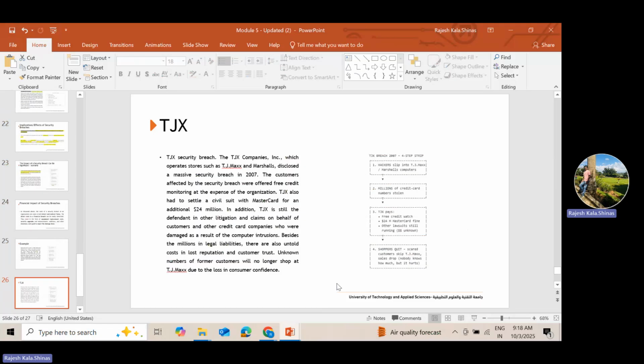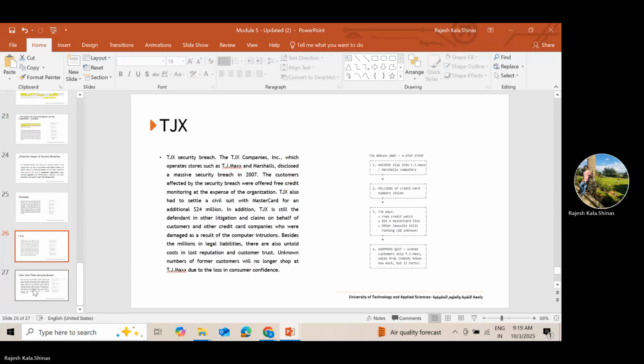Finally, the shoppers didn't trust this particular shop. They got scared and went to other shops, sales went down, and the business went down. That is the problem that happened in the security breach at TJX.